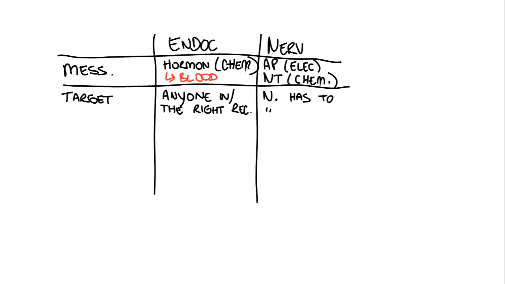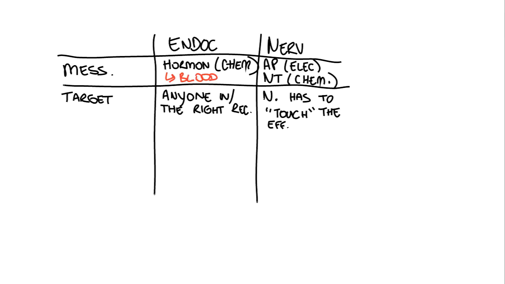And I'll put that in quotations. It has to touch. Touch what? Touch the effector. And I put that in quotations because remember there's that space in between the axon terminal and its effector, and we call that the synapse. All right? So we can see how one of these is really directional while the other is sort of just dumped into the blood until it finds its right receptor.